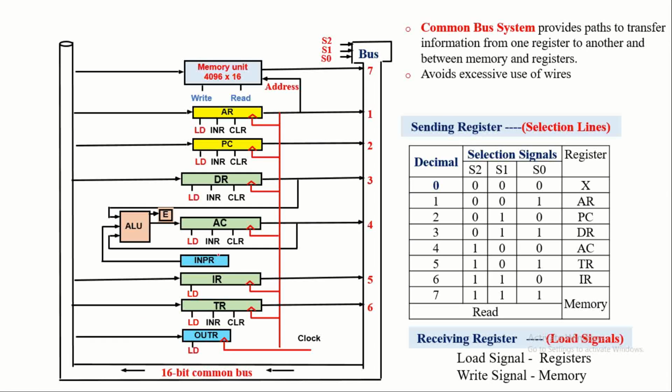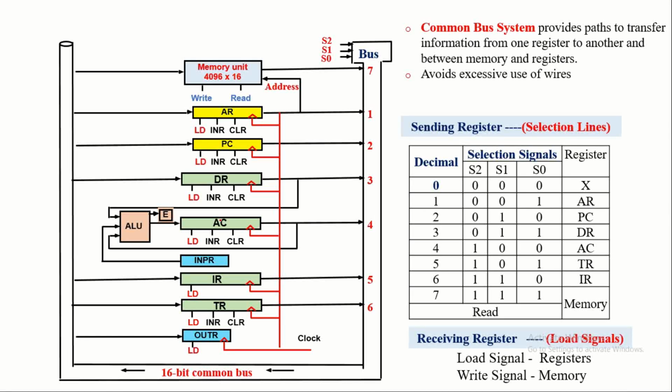The input register and the accumulator do not receive any information passed over the common bus, because the input register receives information only from the input device, and the accumulator, as we already discussed, is the general purpose register where one of the operands is taken for the ALU operation, and after the ALU operation, the result is also stored back into the accumulator.